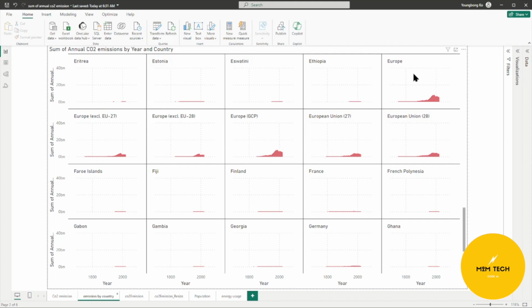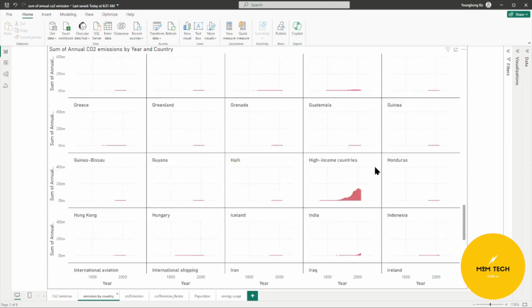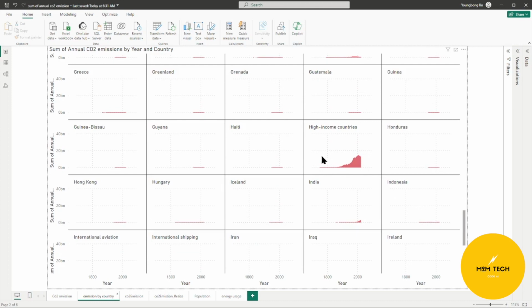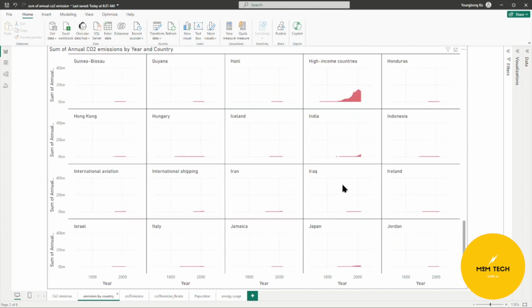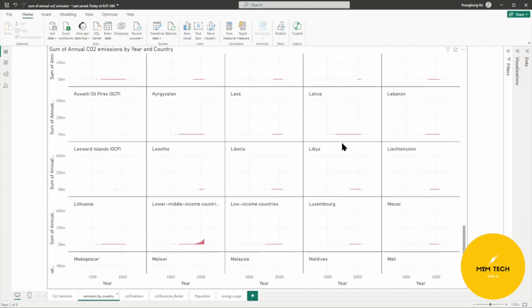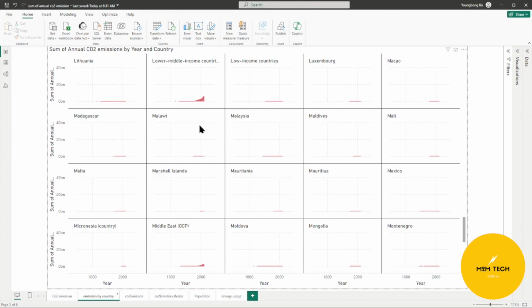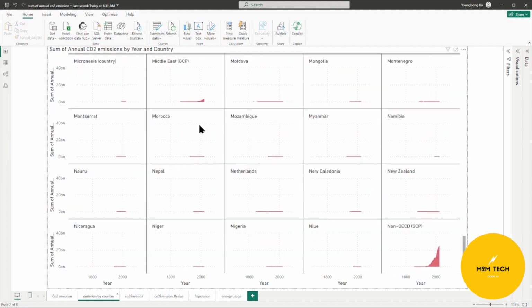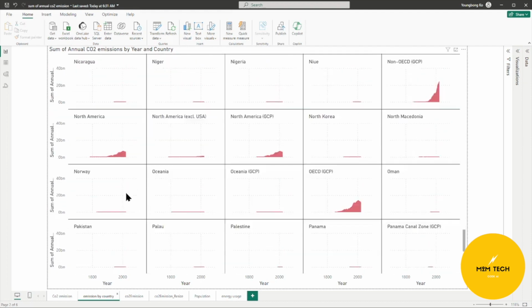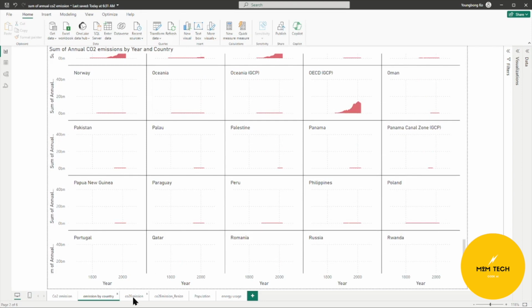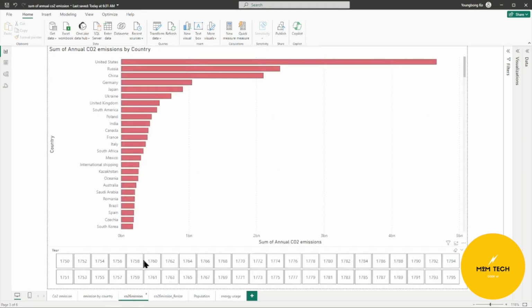So let's think about Europe. Basically, high-income countries show more emission. So can we blame those countries? Let's make a rank. This is the rank that we can see through the years.